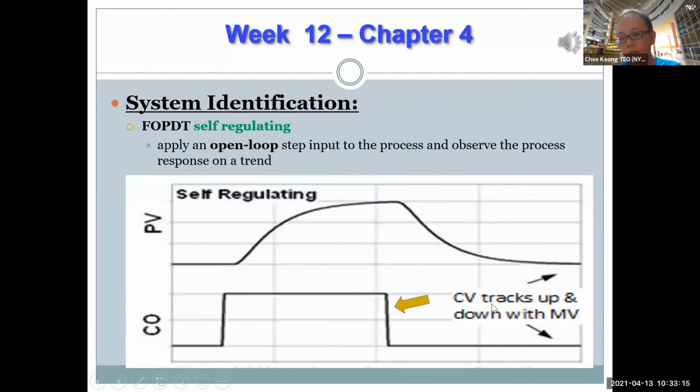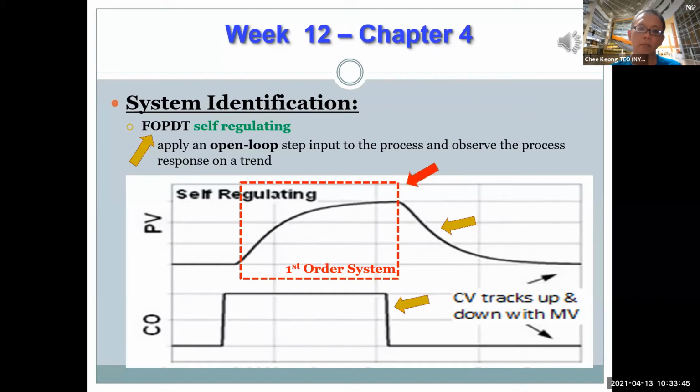For the system identification, we try to identify the system response by injecting a monostable pulse-like input, CO, and wait for a response at the output, PV, process variable. Largely, most systems will fall within one of two types of system response, and they are the self-regulating and the integrating response. FOPDT stands for first order plus dead time.